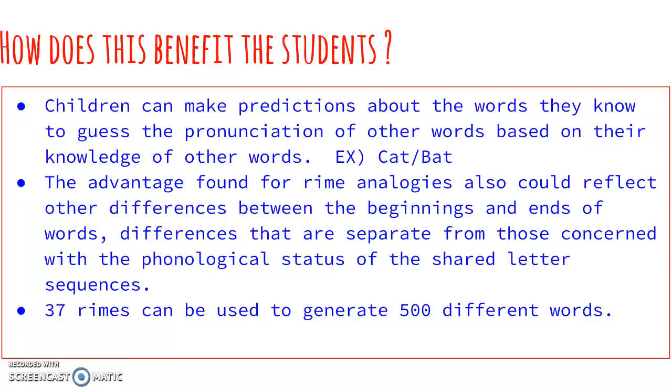So they'll see cat and know the ending is "at." And 37 rhymes can be used to generate 500 different words that students in this stage see daily.